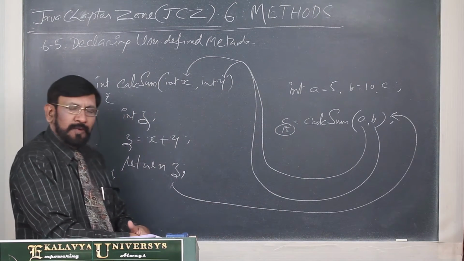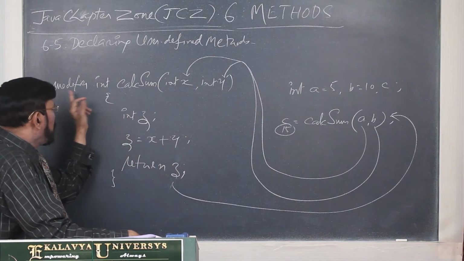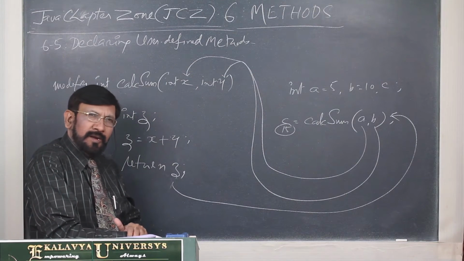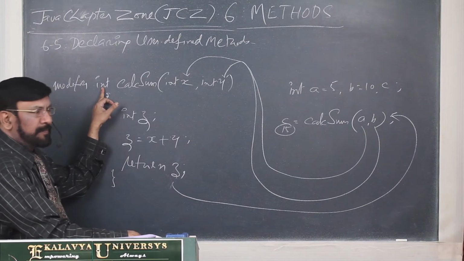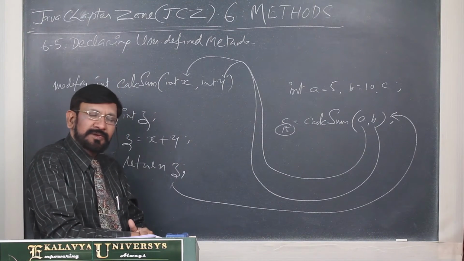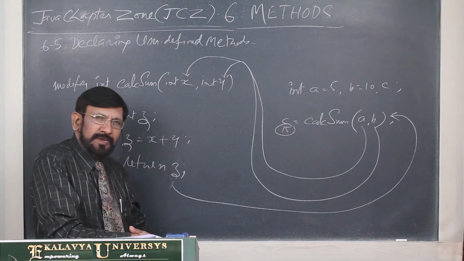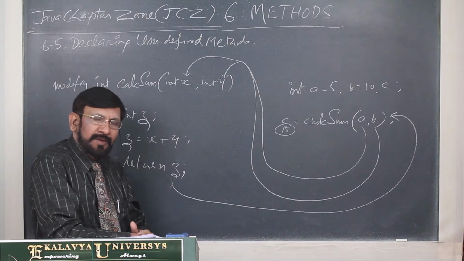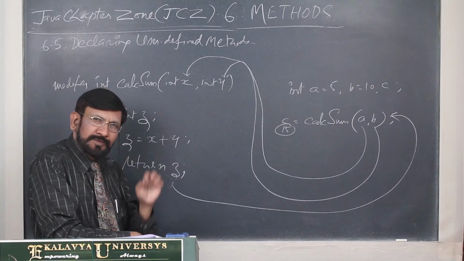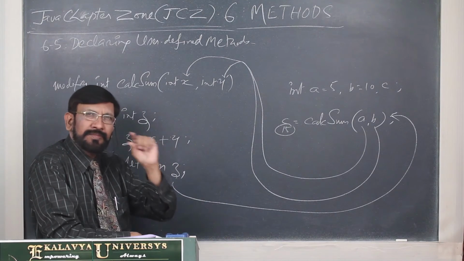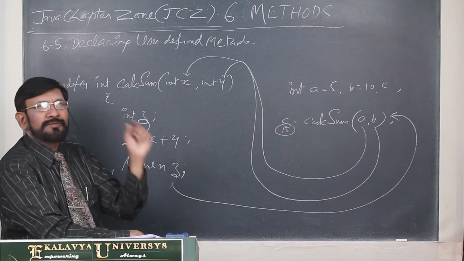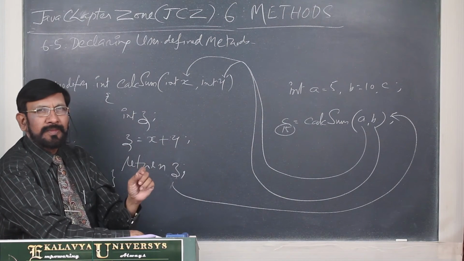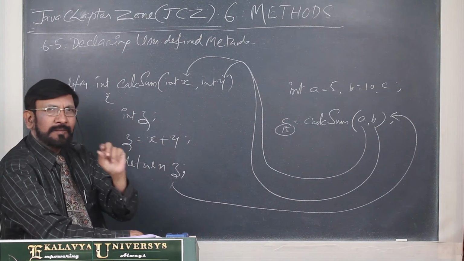Now what are the components in that? Modifiers: optional, one or more modifiers we can use. This is the return type, and this is the method's name. Already in previous concepts I explained the naming conventions of the method. The method name should be written in camel case. It should be a verb, or it should start with a verb, like multiply or calculate product.